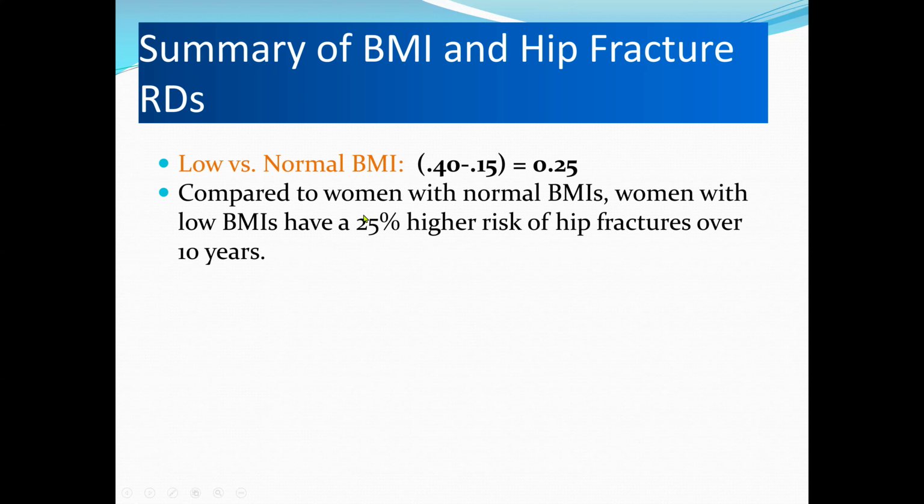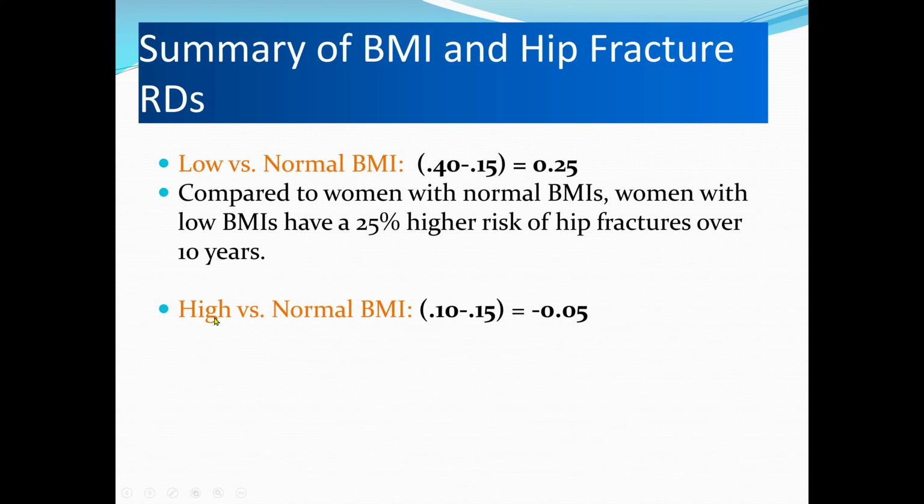Comparing to women with normal BMI, women with low BMI have 25% higher risk, because normal is okay. Normal means you are not exposed, but whether it's low or high, then you are exposed. That can have an effect on the outcome. So we say 25% higher risk of hip fractures over 10 years.